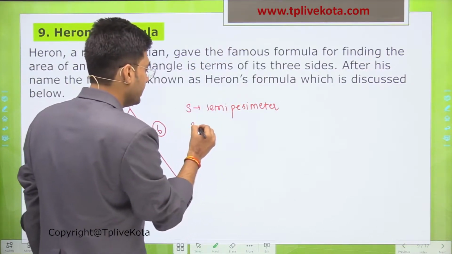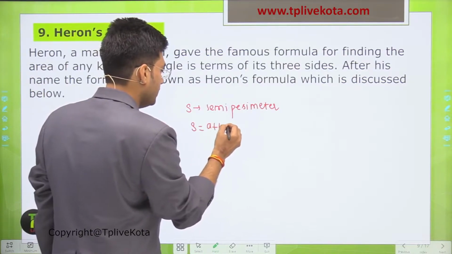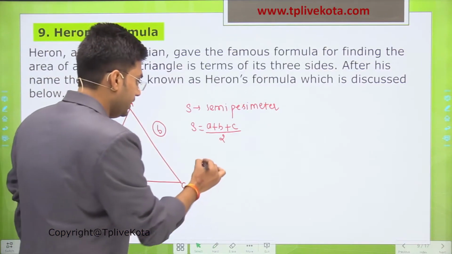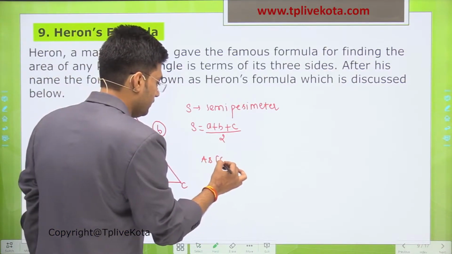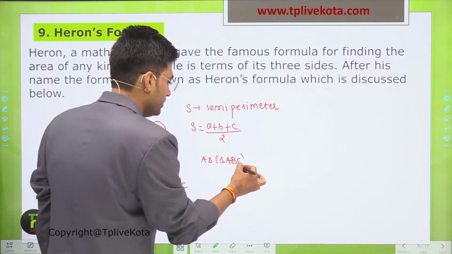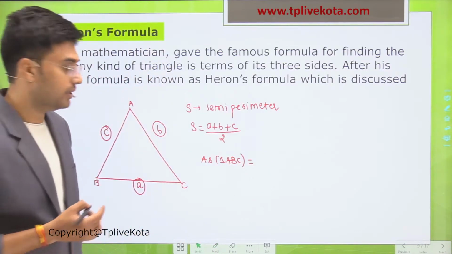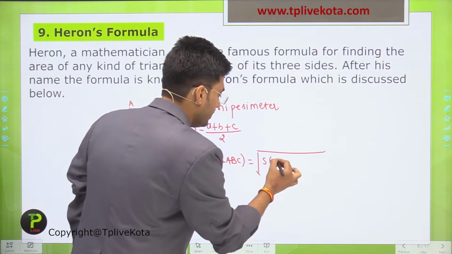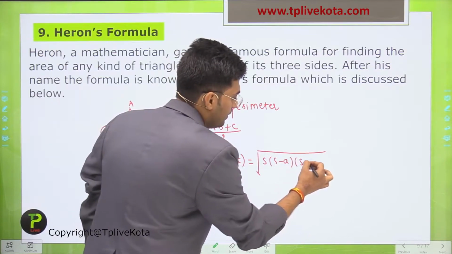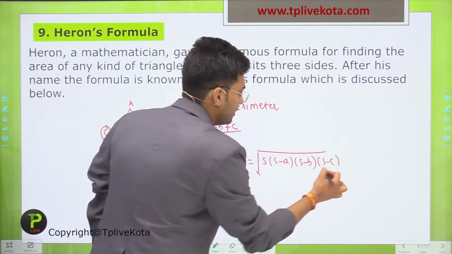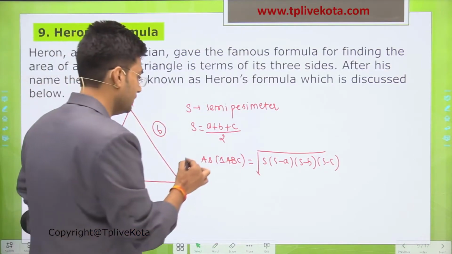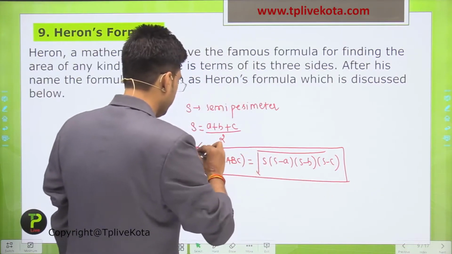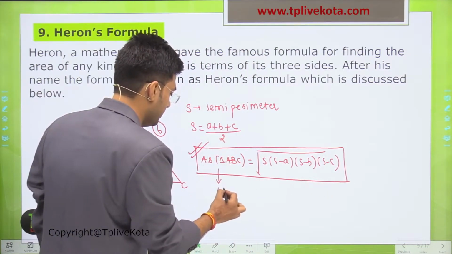So we can say that S is (A plus B plus C) divided by 2. Then the area of triangle ABC is equal to the square root of S multiplied by (S minus A), (S minus B), (S minus C). This is Heron's formula for finding the area of a triangle.